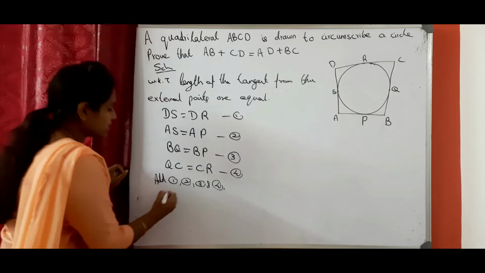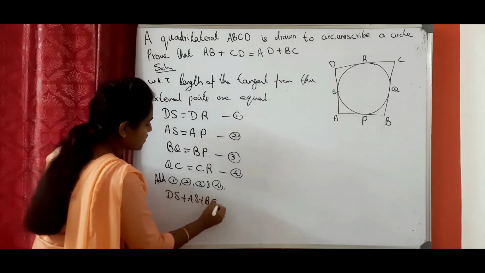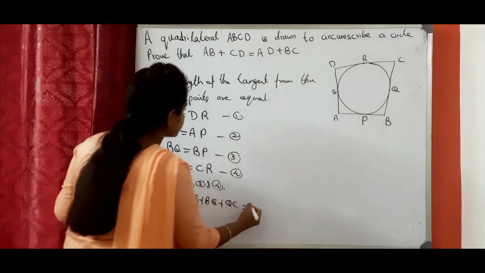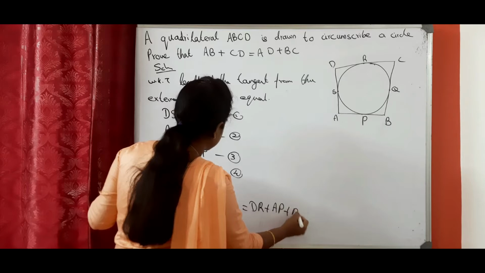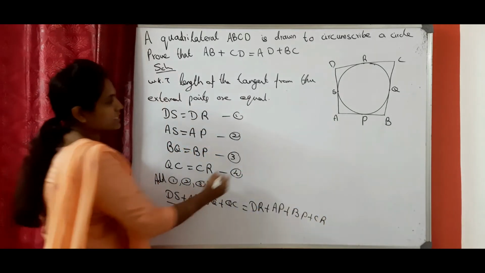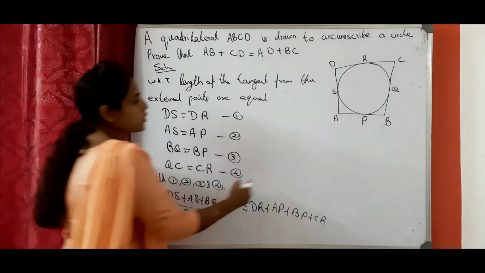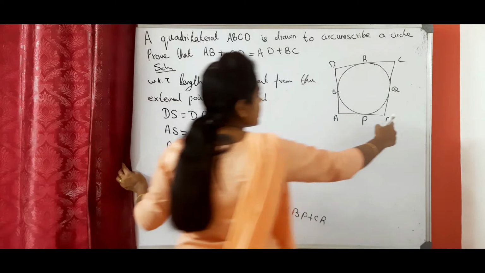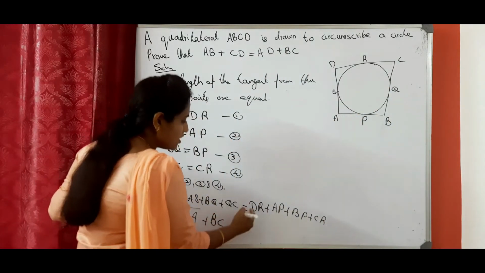So we will get DS plus AS plus BQ plus QC equal to DR plus AP plus BP plus CR. So DS plus AS, we can write DA. BQ plus CQ, we can write BC.